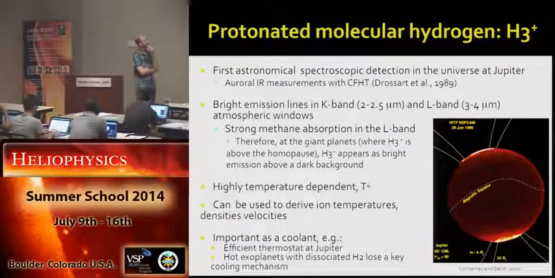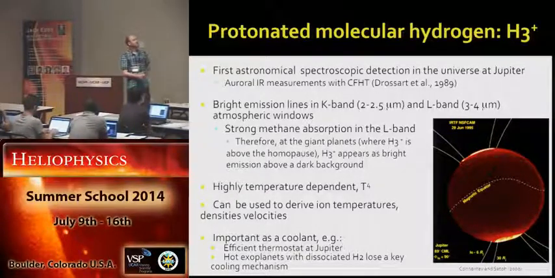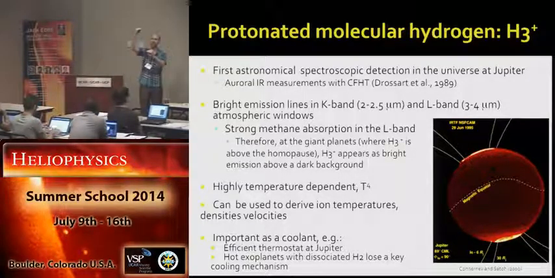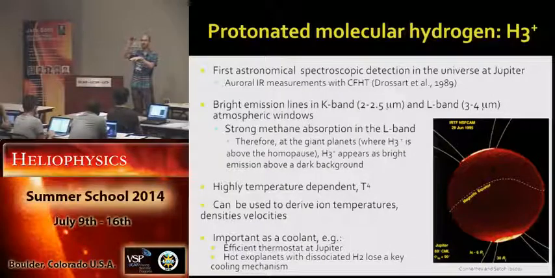And in particular, that's because there are bright emission lines in the K-band and L-band atmospheric windows, so you can observe from the ground. And on top of that, there's strong methane emission in the L-band. And remember, H3+ is generated above the homopause, so it's generated above the majority of methane, which means that any emission from the interior of the planet is absorbed in this L-band, is predominantly absorbed by the methane, and the net result is you have bright emitting region of H3+ sitting on top of dark region of methane.